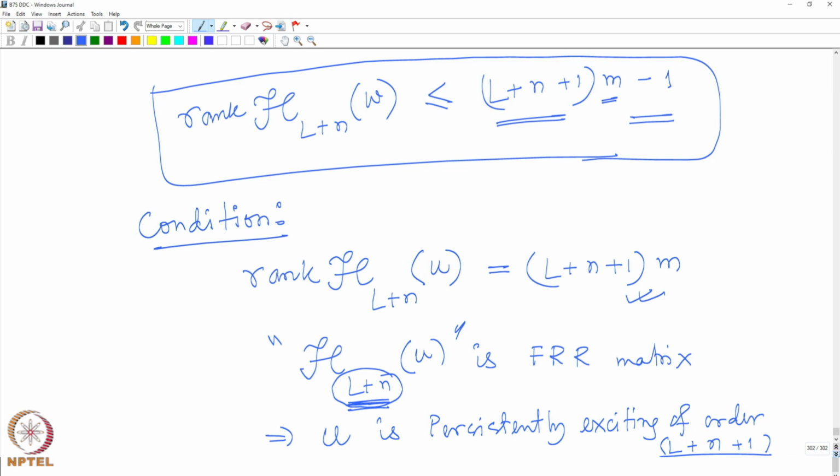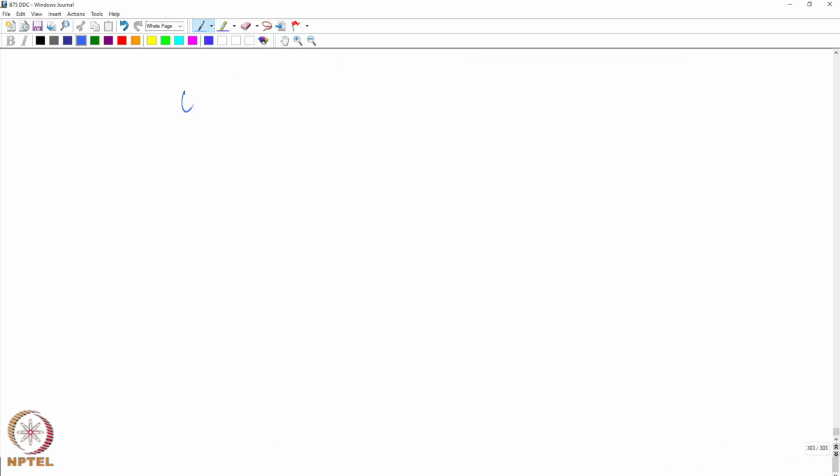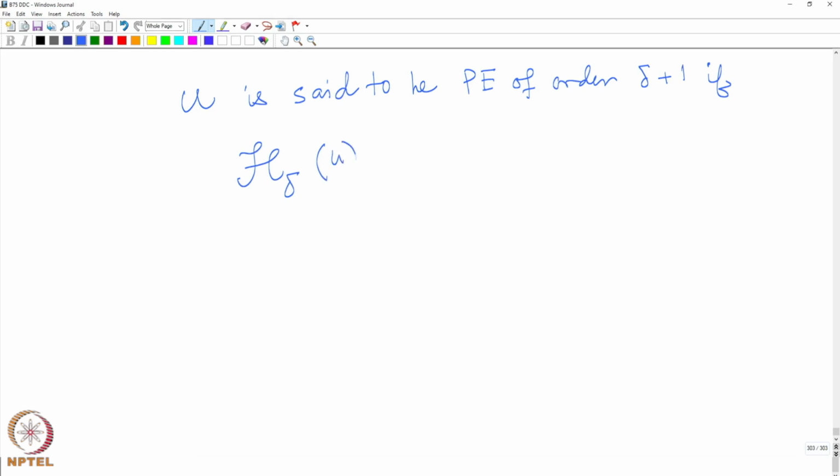So once again let me repeat, U, the signal, is said to be persistently exciting of order, say, delta plus 1 if H_delta(U) is full row rank. Now let us see how things will unfold the moment we make this assumption.